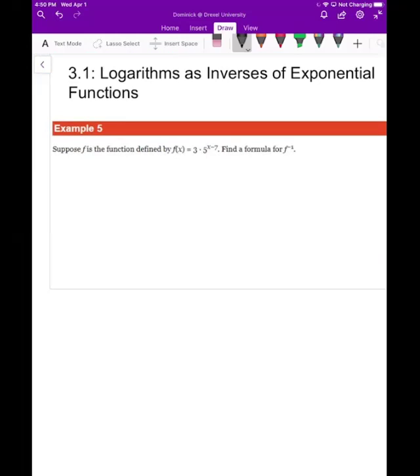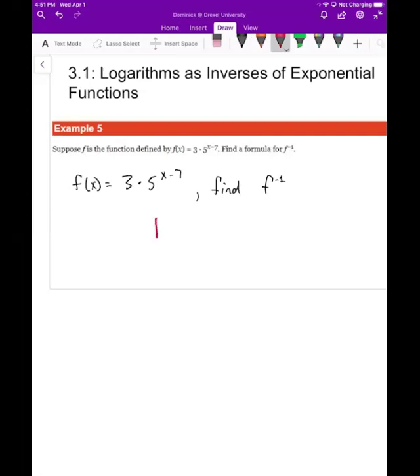All right, so we're going to suppose that our f is 3 times 5 to the x minus 7. We want to find f inverse. Okay, well, let's do it. So how do we find the inverse? Of course, we would first check that this is 1-to-1, and it will be.